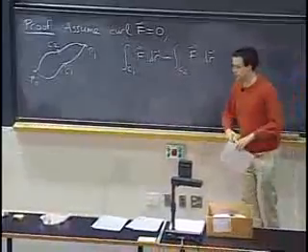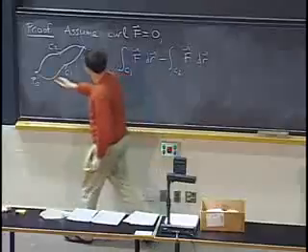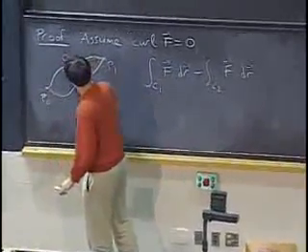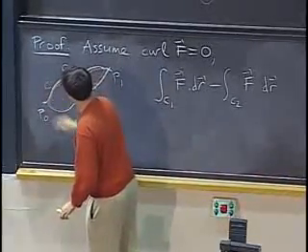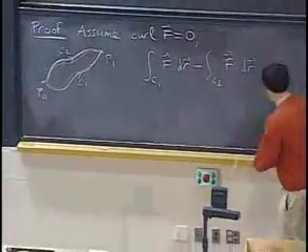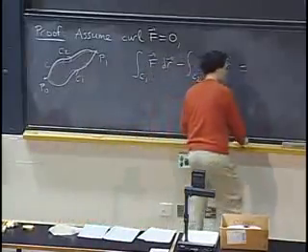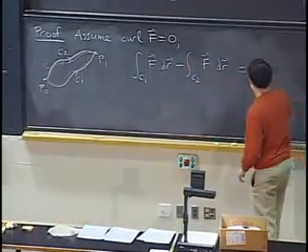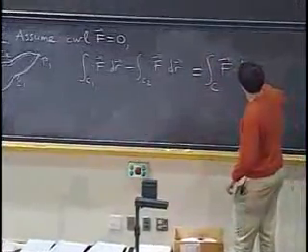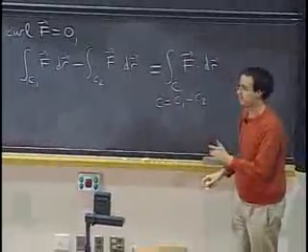So how will we compute that? Well, the line integral along C1 minus C2, let's just form a closed curve that is C1 minus C2. So let's call it C. That's equal to the integral along C of F dot dr, where C is C1 followed by C2 backwards.